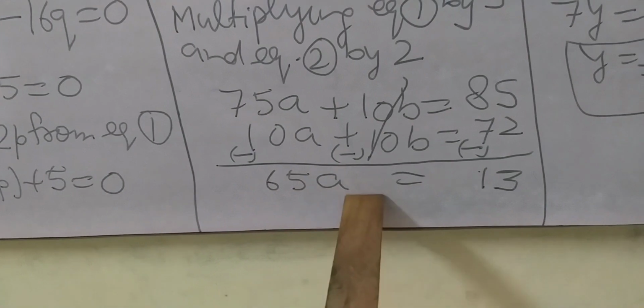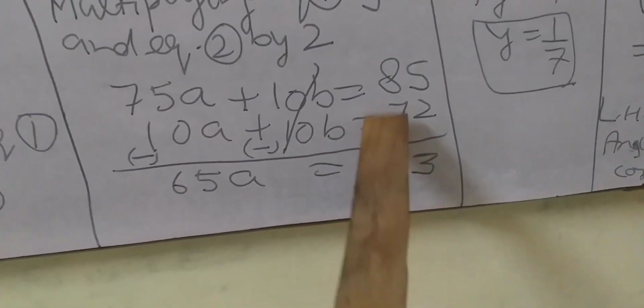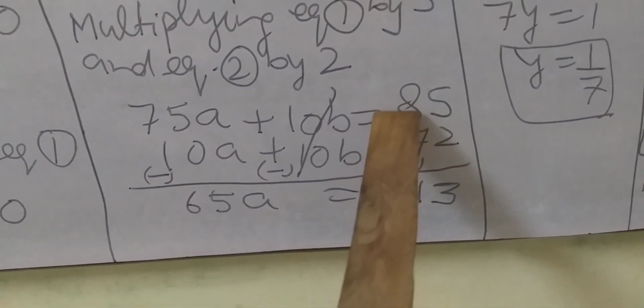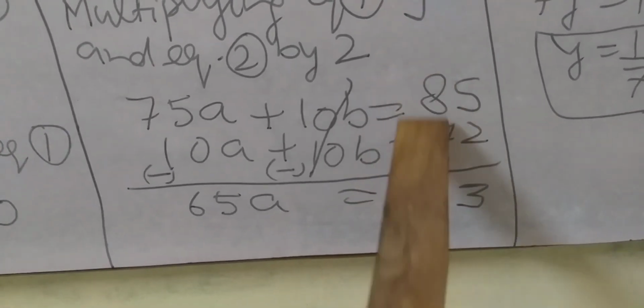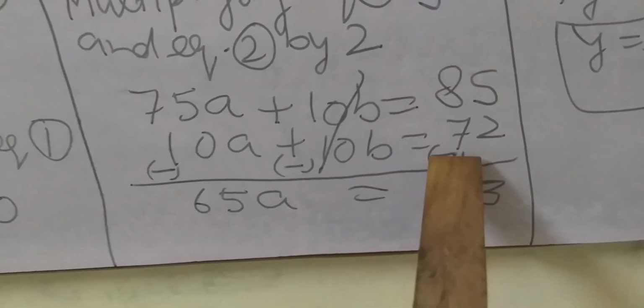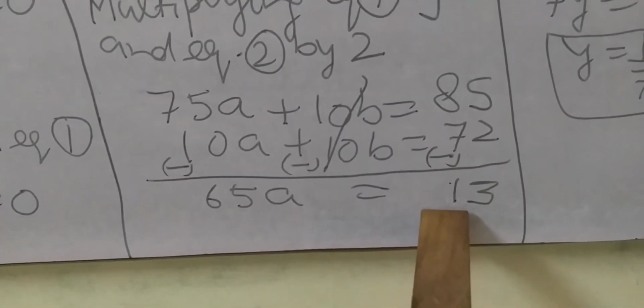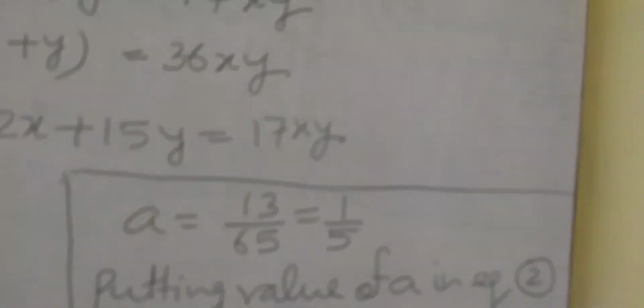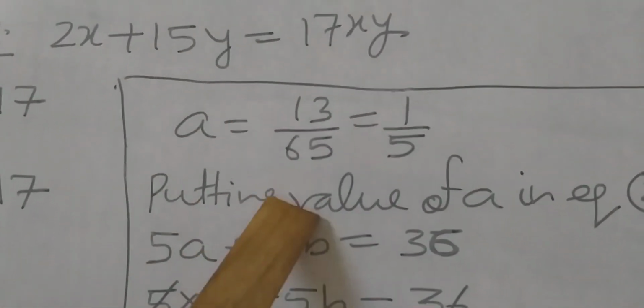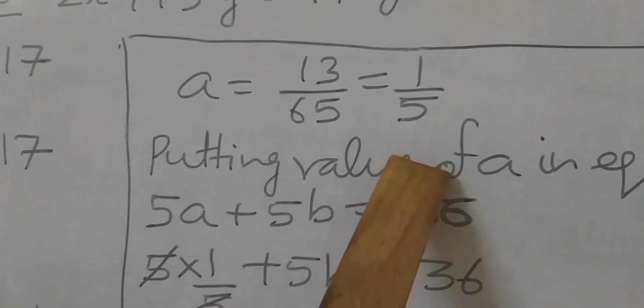The answer is 65a. Equal to the same: 85 is positive, 72 is negative, then these two values are subtracted here. Answer is 13. 65a equal to 13. a equals to, students, 13 upon 65. a equal to 1 upon 5.